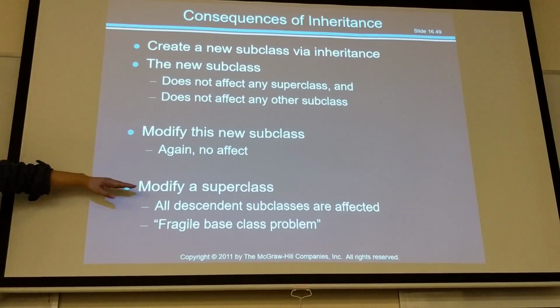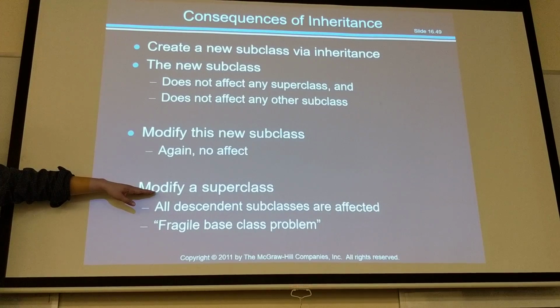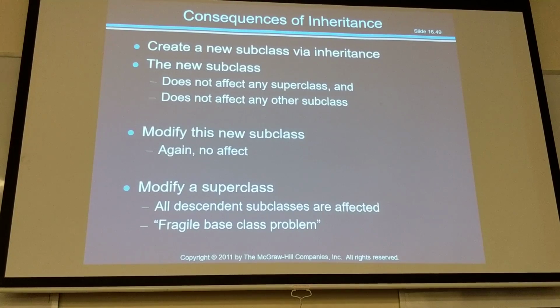However, if you modify the parent, that is going to be a problem. Once you have a deep inheritance hierarchy, if you modify a parent superclass, wow, you may be creating a lot of trouble. This is when you break the system, break the whole build.